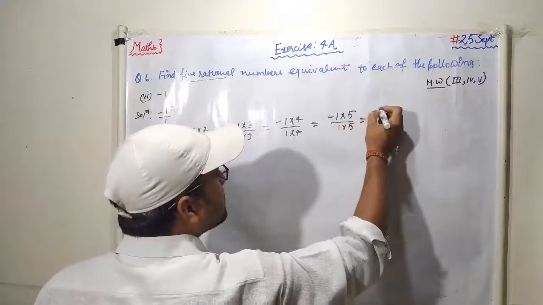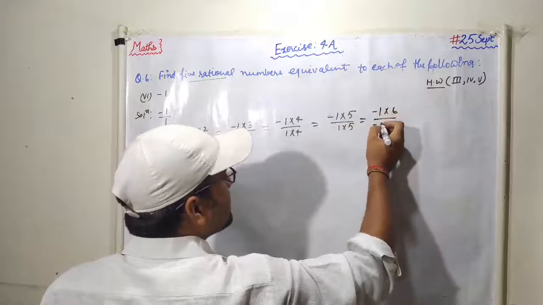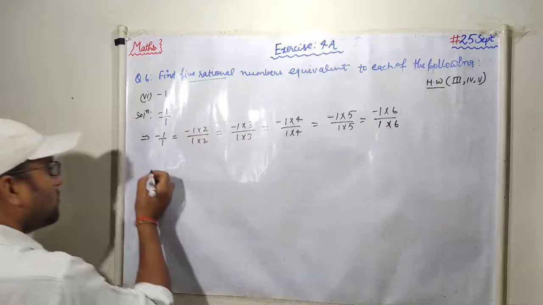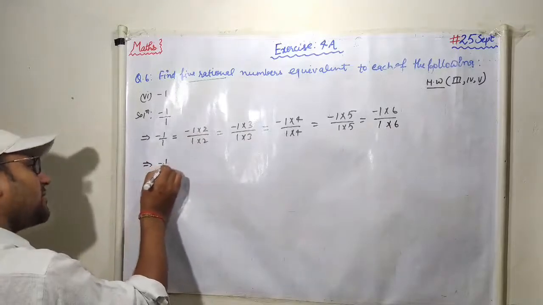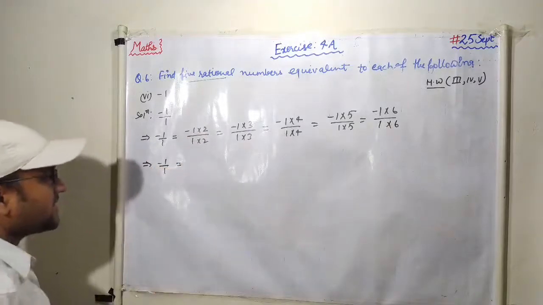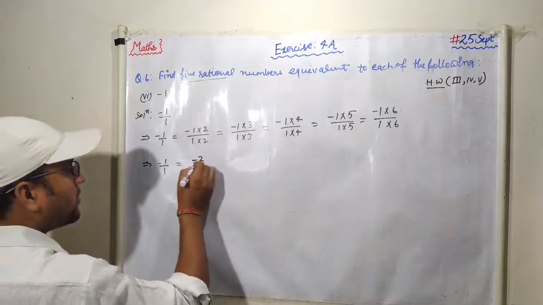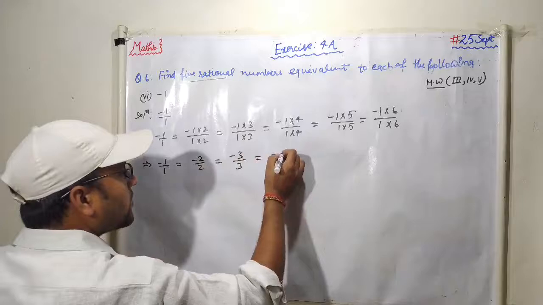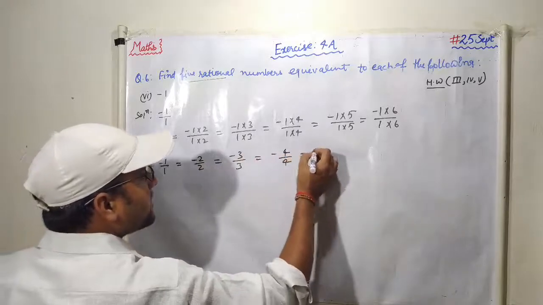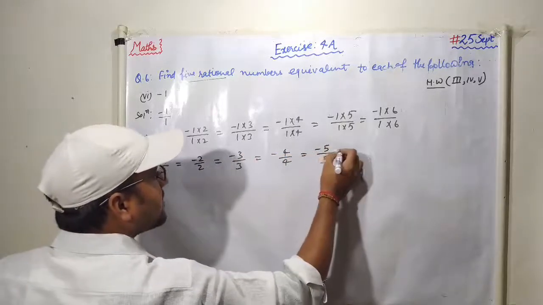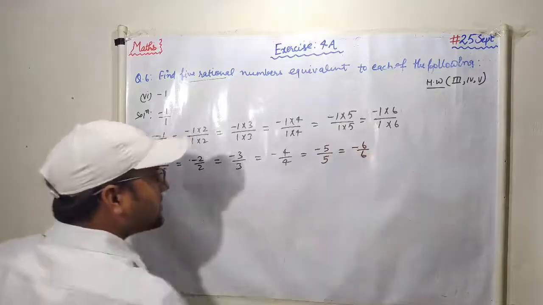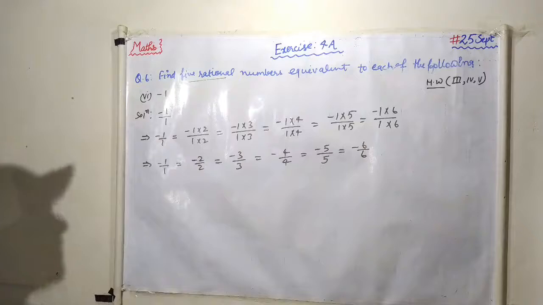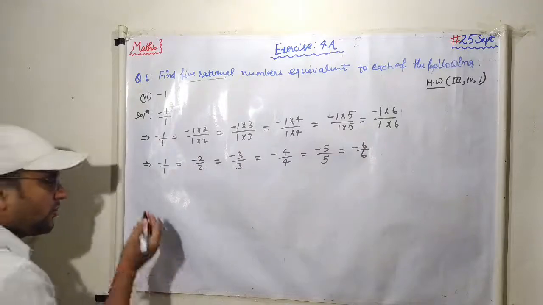Now minus 1 multiplied by 6, 1 multiplied by 6. So what you will get is minus 2 upon 2, minus 3 upon 3, minus 4 upon 4, minus 5 upon 5, and minus 6 upon 6. So these are the rational numbers equivalent to minus 1 upon 1.